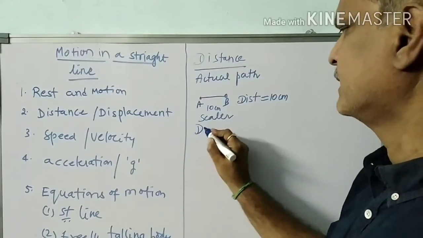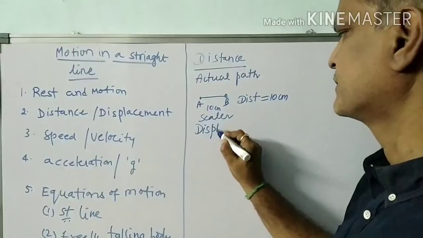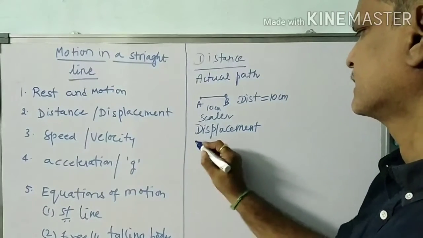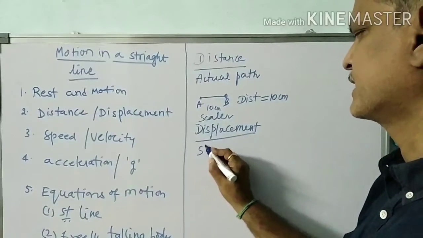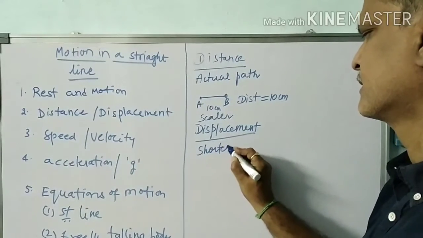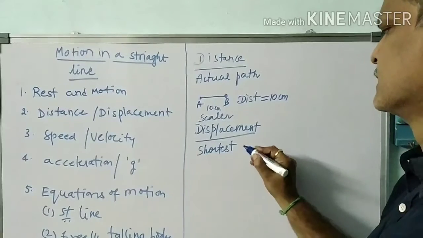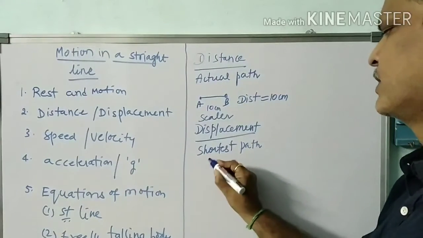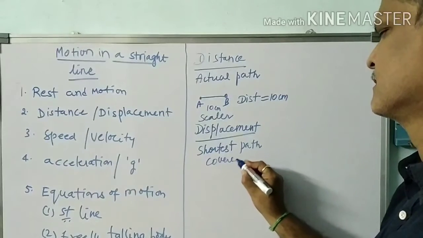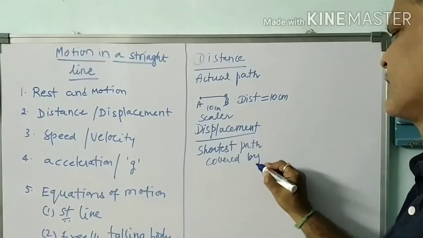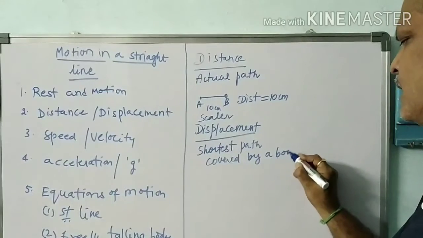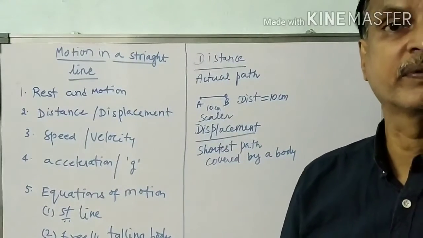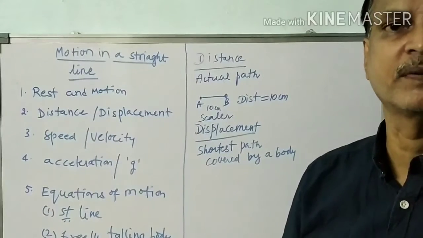Now the next one is displacement. Displacement is the shortest distance or shortest path covered by a body, or the distance between the initial and final positions of the body.